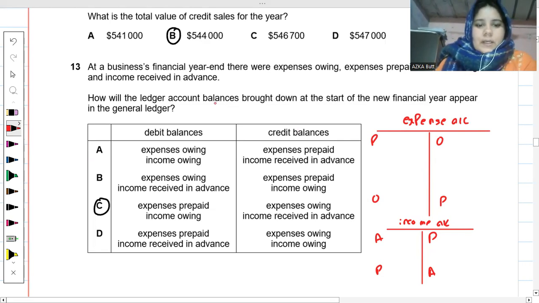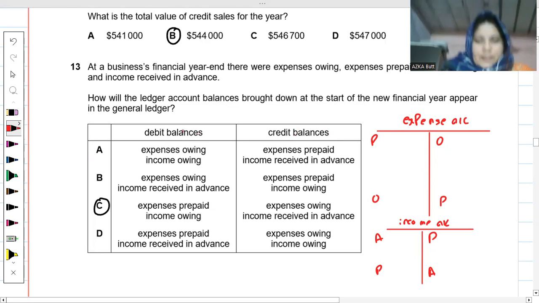So what we have is a debit balance. Okay, so the examiner says that expense owing would be a debit balance. As we can see, if an expense has a debit balance, it would be prepaid, it is not owing. Income owing, as you can see, is also not owing, this is the accrued income.